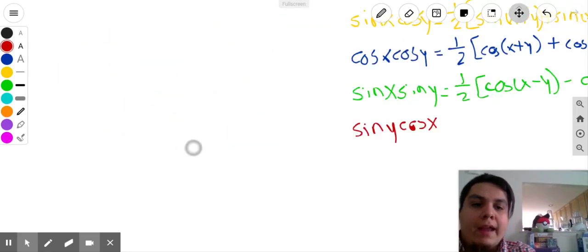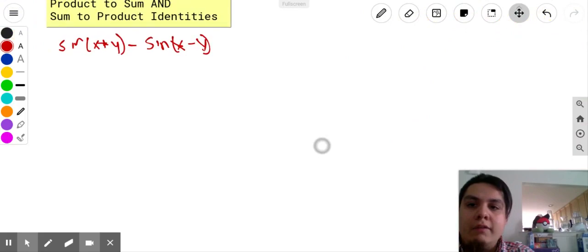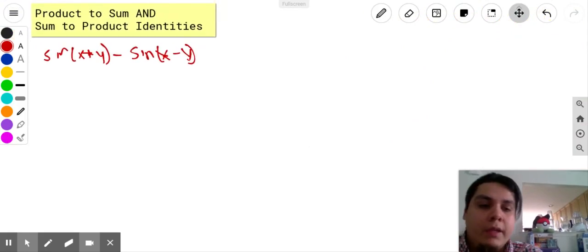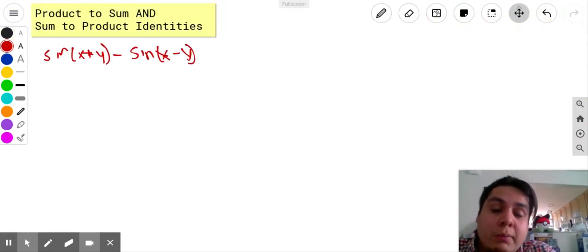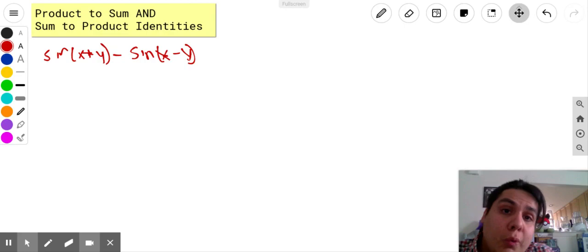So in order to figure this out, we're going to look back at the first problem that we did. For the first problem, it was a very similar setup, except I changed the operation between the two sine functions. It used to be plus, now it's going to be minus.